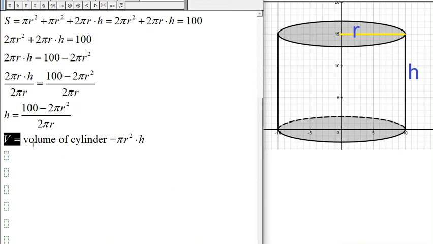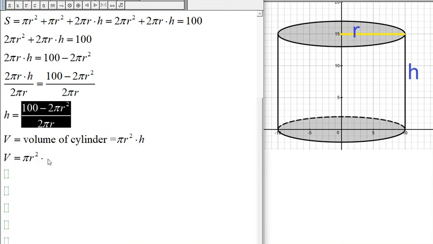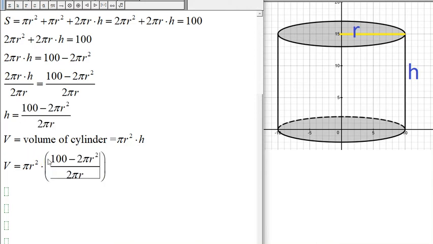So the volume is equal to this, with the height in terms of the radius. Now we end up with this, so let's simplify it.